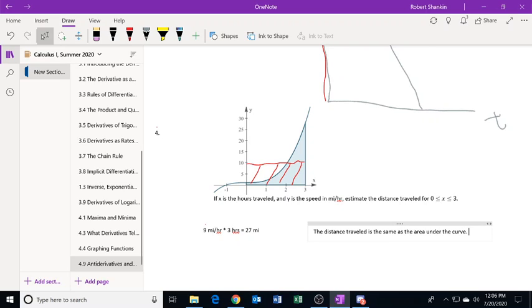And we can estimate areas under curves by trying to estimate an average height. It went from a height of about 2 up to a height of about 28 maybe, but just visually it looked like it's about the same area as if I had at about 9. So we'll say that it's approximately 27 miles.